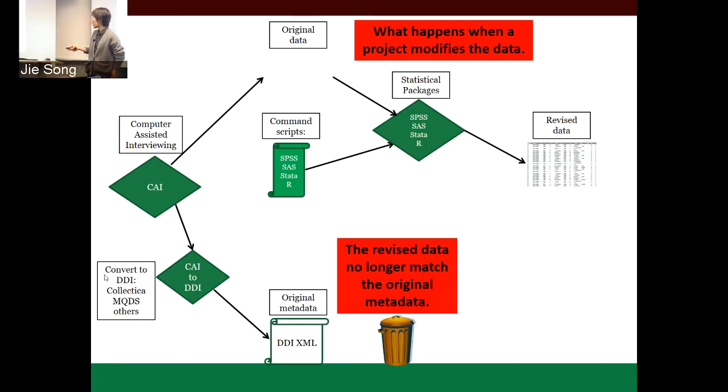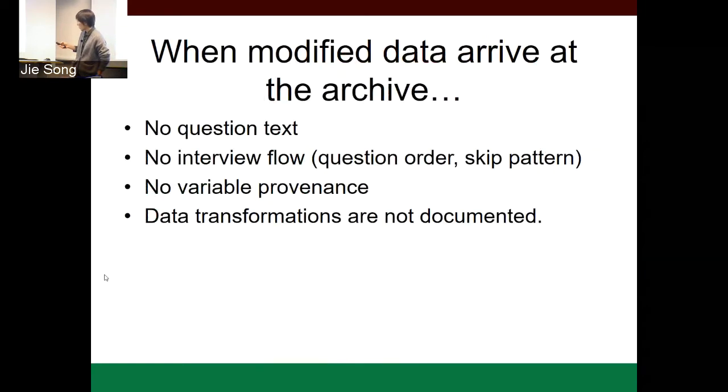But the problem with that is the revised data is no longer matching the original metadata. So the transformation process is not included in the metadata. It's describing the original data rather than the current data. So if we want to publish the revised data, then we need metadata for the revised data rather than the original data.